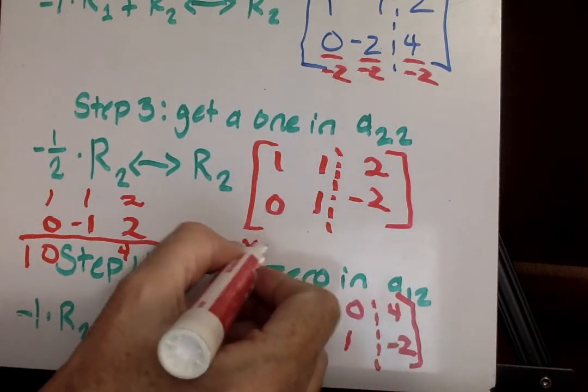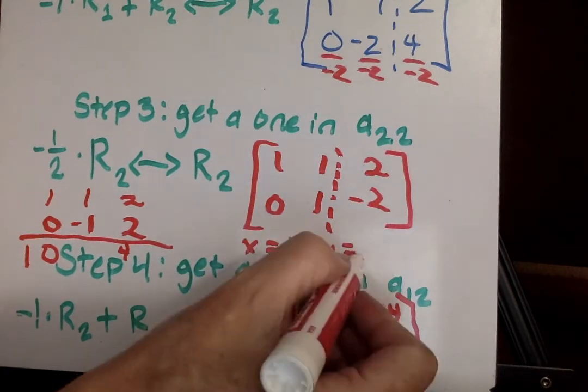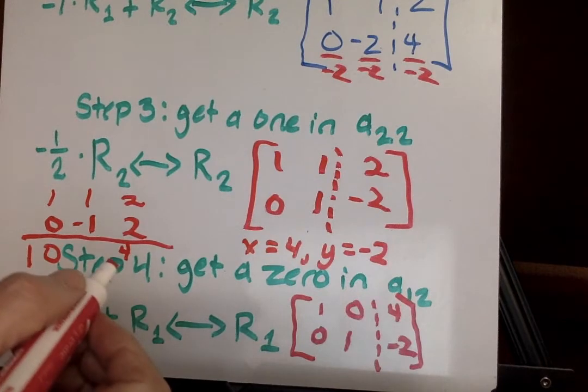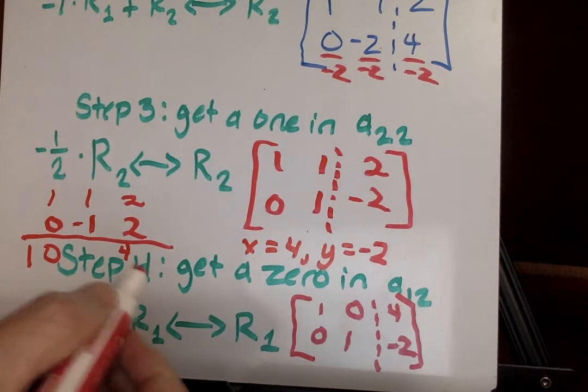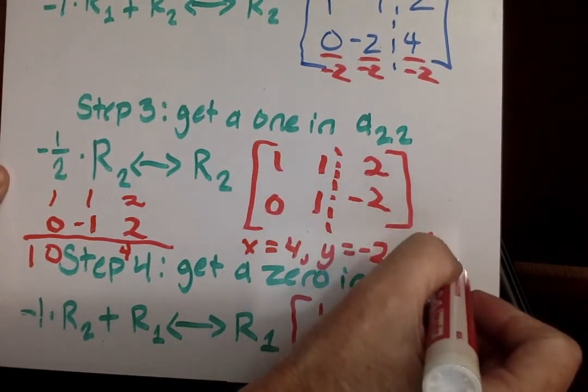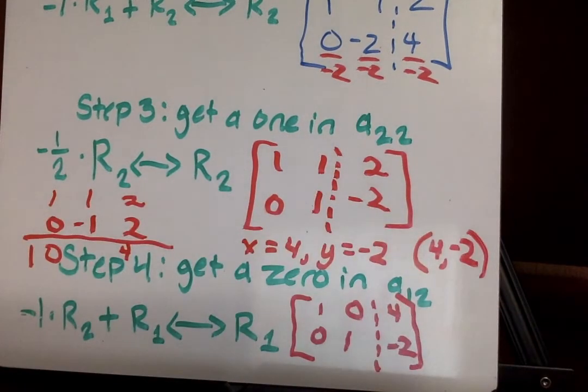So we can say x equals 4 and y equals -2. So we go ahead and put it in ordered pair form, and we put (4, -2). And there you have the solution.